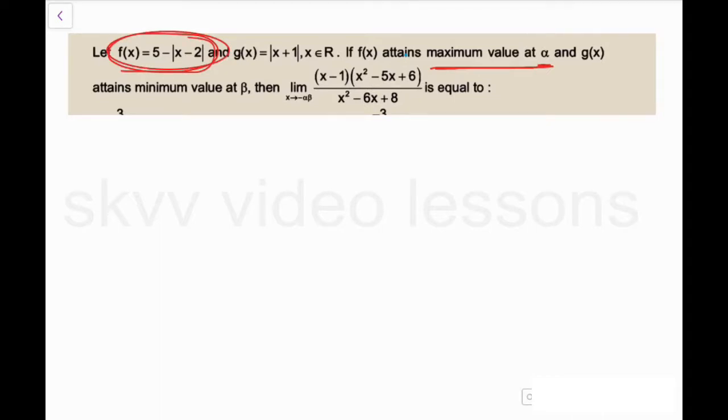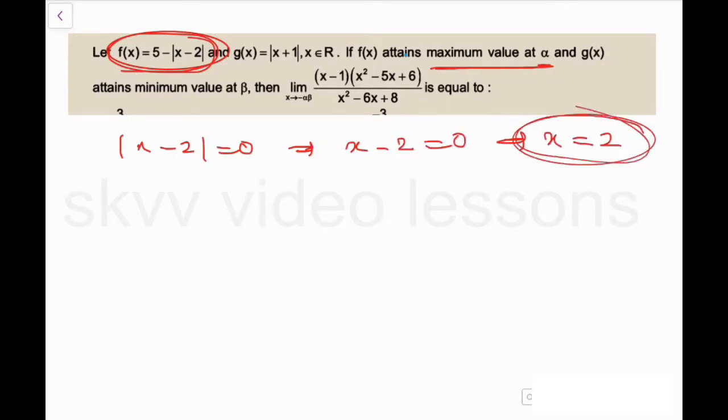Here the modulus of x minus 2 has a negative symbol, so it will have a maximum value. It will have the maximum value where this modulus becomes 0, means whenever x minus 2 becomes 0. Means if x is equal to 2, it takes its maximum value.